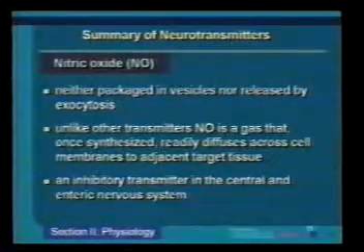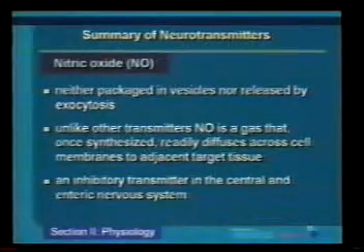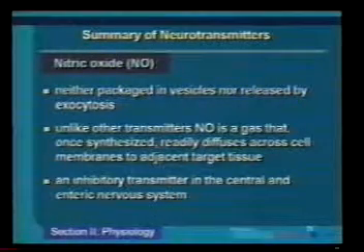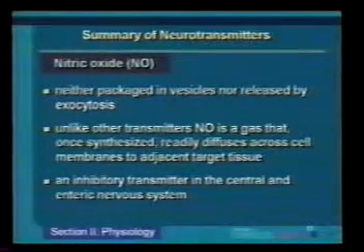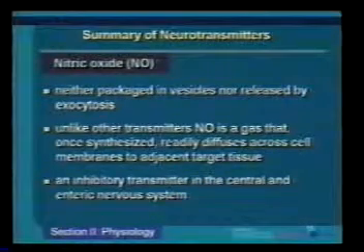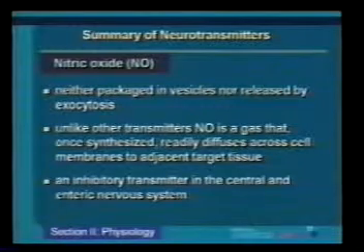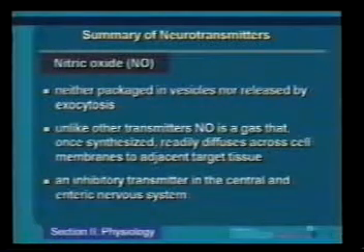Now, another transmitter that's not too important for our purposes is nitric oxide. Now, nitric oxide is a lipid-soluble transmitter. Therefore, it cannot be stored in vesicles. If you try to store a lipid-soluble substance in a vesicle, it simply diffuses across that membrane and will dissipate very quickly.